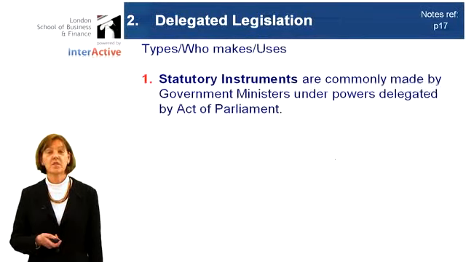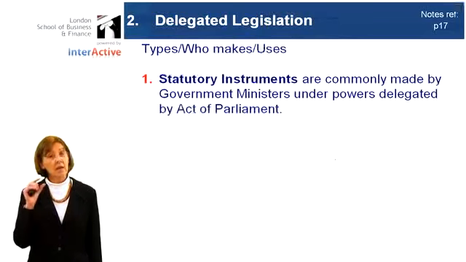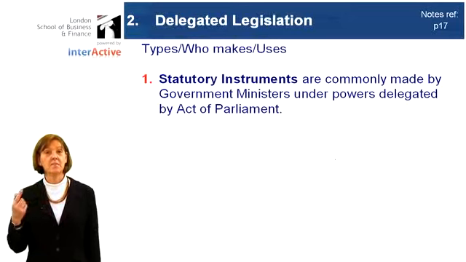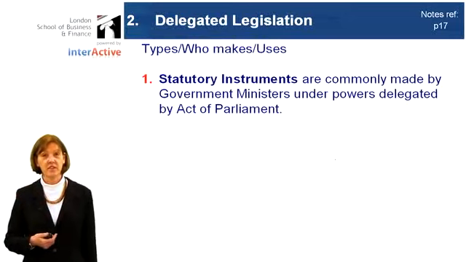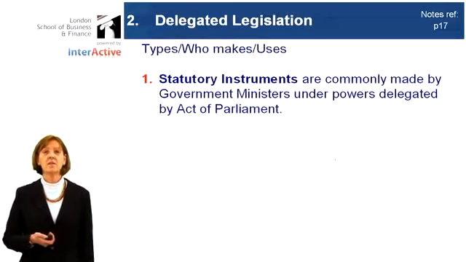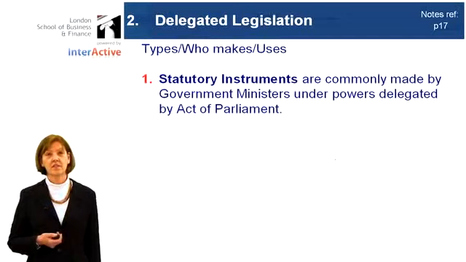Statutory instruments, commonly made by government ministers, under powers delegated to them by an Act of Parliament. The Act, which gives them the power, is called an enabling Act, because it enables them to make delegated legislation. Now, statutory instruments are very, very important for business.